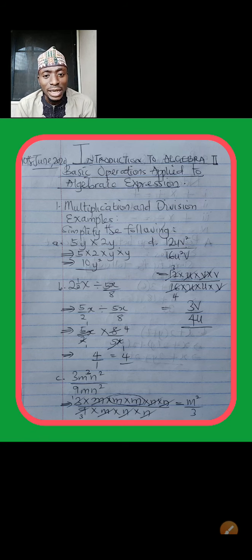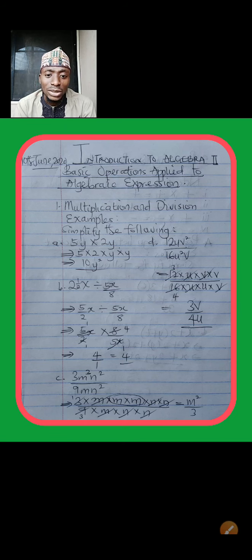The second one, 2.5x divided by 5x over 8. You change that 2.5 to an improper fraction, and that will be 5 over 2. 2 times 2 plus 1 is 5. So 5 over 2 divided by 5x over 8. You now reciprocate the 5x over 8 because you cannot cancel using that division sign.